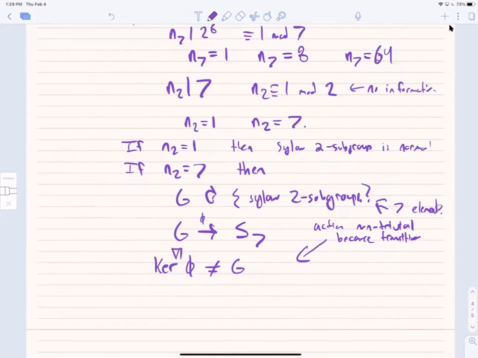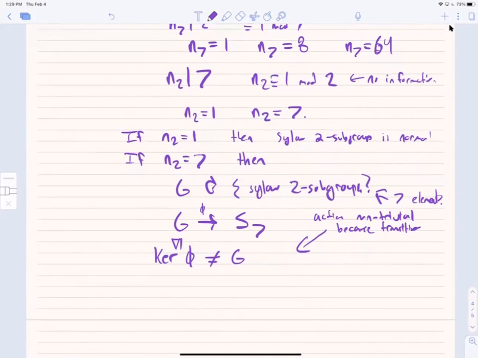We then have to deduce that the action is not faithful, so that this kernel is not just the identity element. Because then it's a non-trivial normal subgroup.